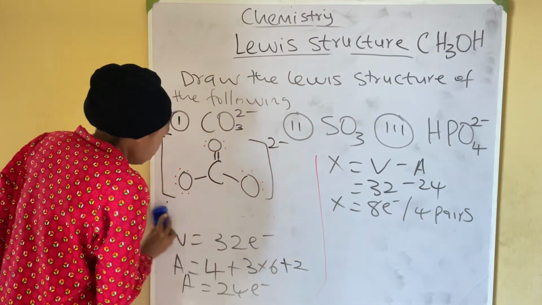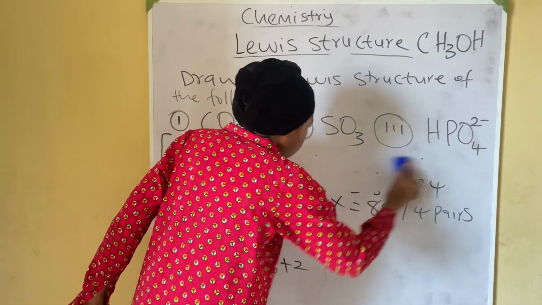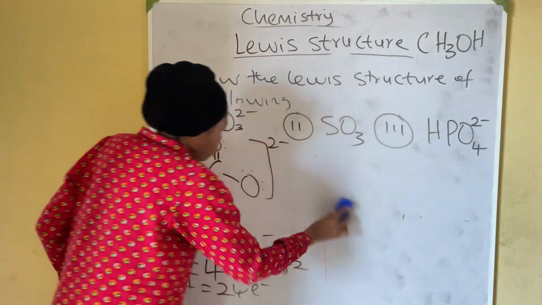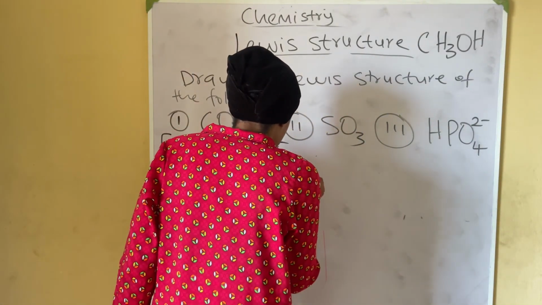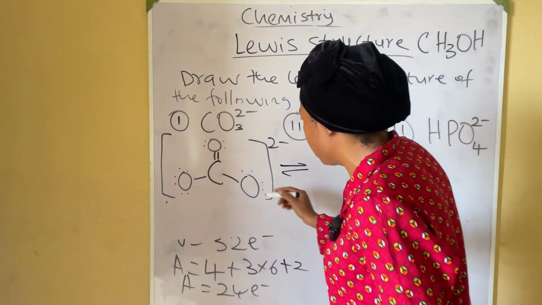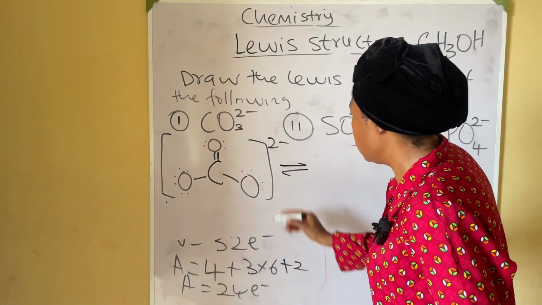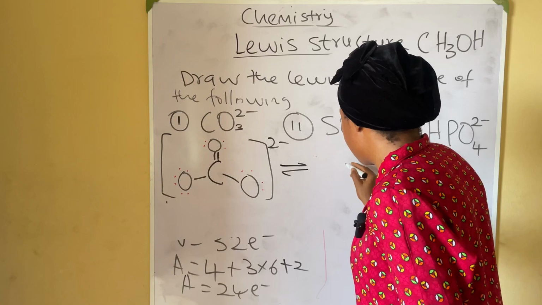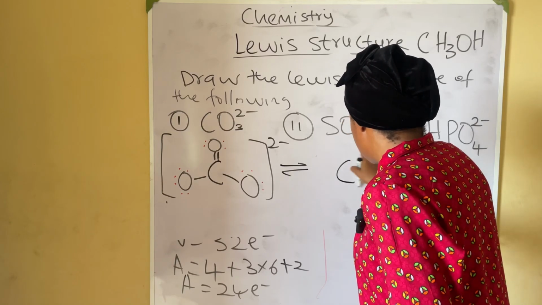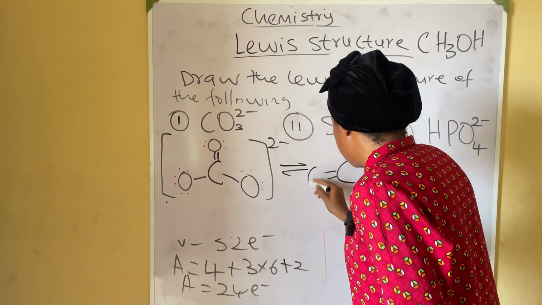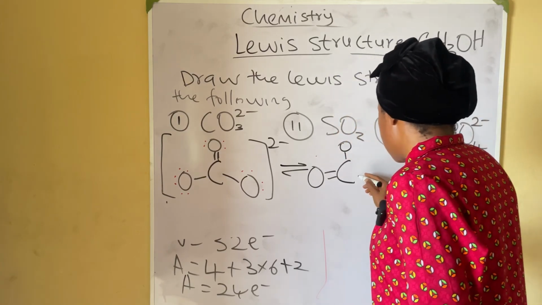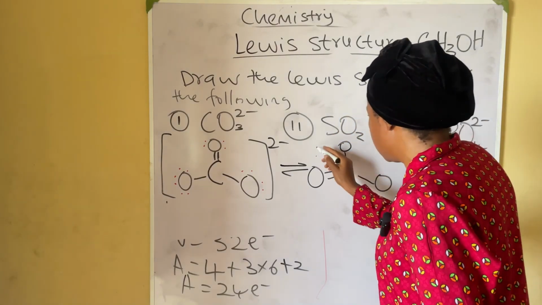Okay, let's draw it. So it can also have this. Put an equilibrium arrow, a reversible arrow. If the double bond comes here, then that one can also have a single bond like this.